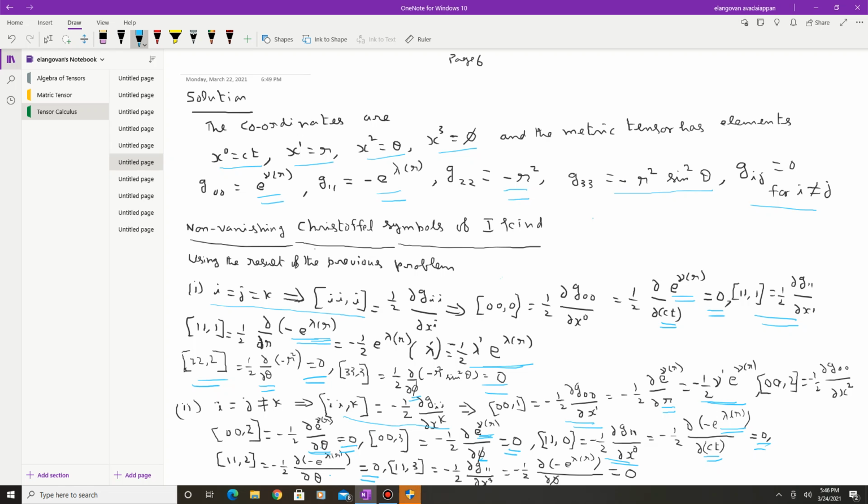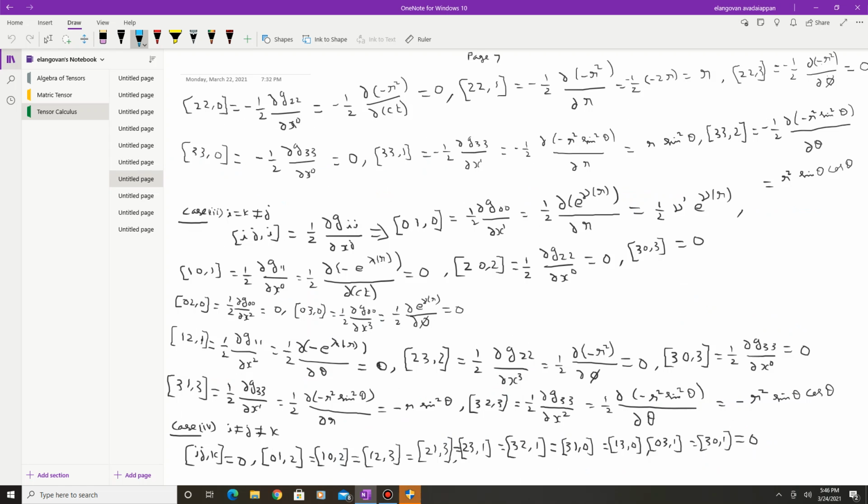Here x3 means phi, so you have to differentiate with respect to phi, but g11 is e^lambda, so it is independent of phi. If we differentiate, this will be 0. So for the second case also we have to determine.